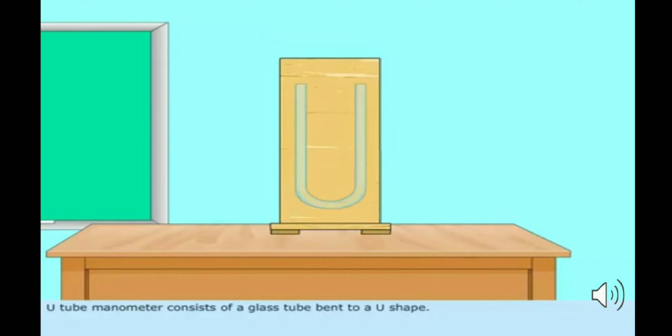So, what we do is we have a wooden board over here, which is standing vertically, and we have a U tube which has been stuck to this so that the U tube cannot move from here. It has been clamped in such a way that this glass U tube cannot move. So the U tube manometer includes a U tube which is kept in this position. So we move further to see how it is made.